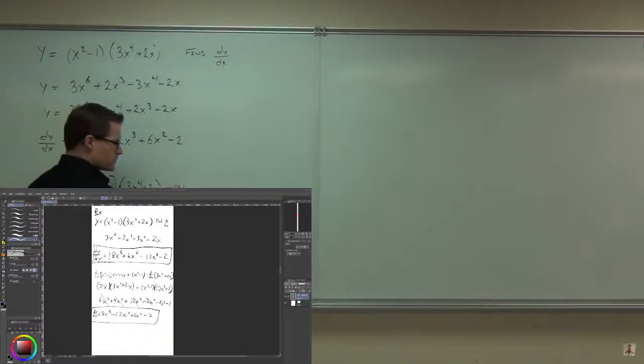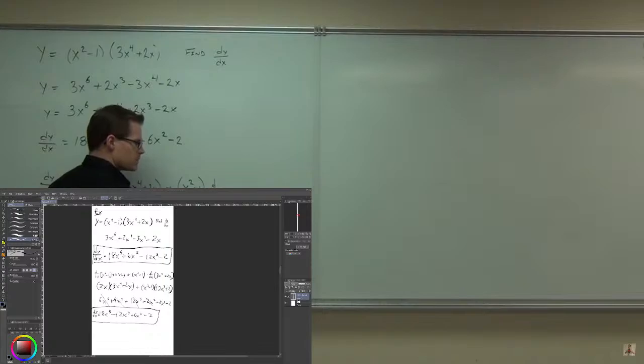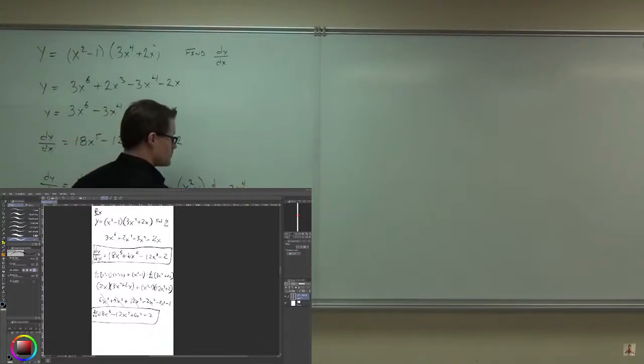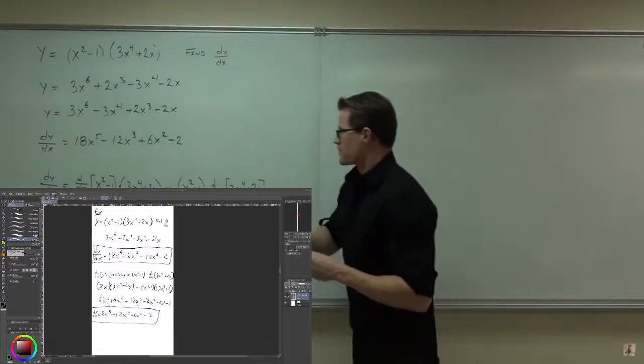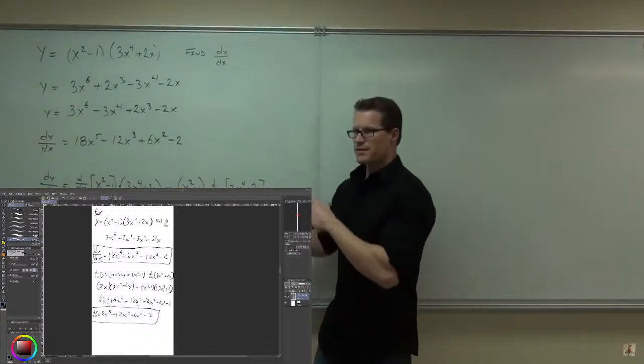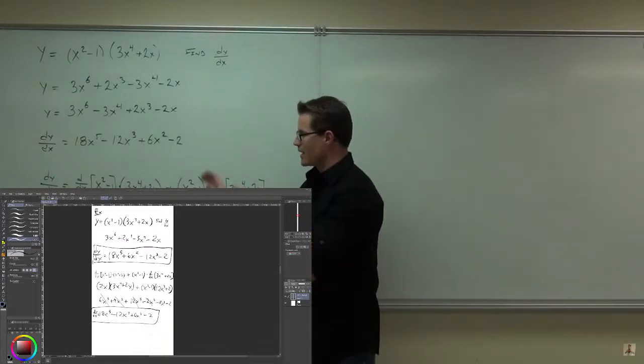Plus the first function times the derivative of the second. So derivative of the first times the second plus the first times the derivative of the second. That's how we like to see that.